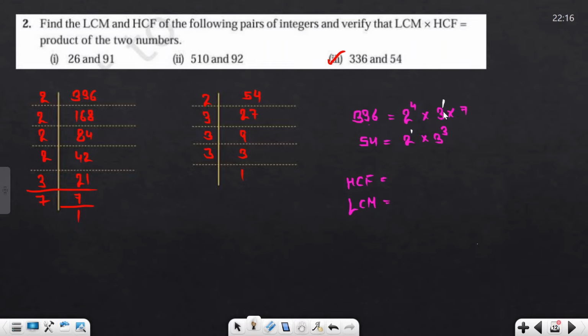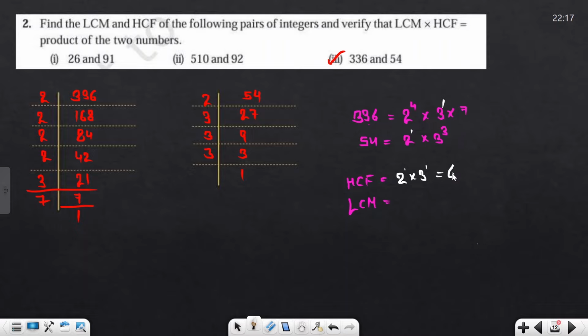I tell you, if anything is given in power, then how do you find HCF and LCM? In HCF, take the lesser power: 2 power 4 and 2 power 1, so 2 power 1 is the lesser power. 3 power 1 and 3 power 3, the lesser power is 3 power 1. It means that is the common factor. 2 power 1 and 3 power 1 are common. Now here only 7, nothing is there, so it is not common.